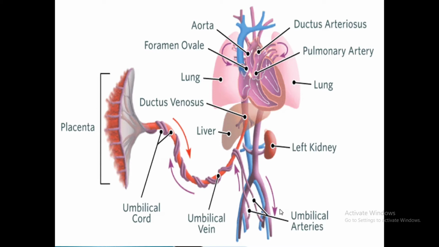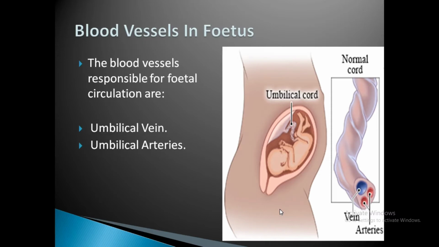Basically, the fetus gets the nutrition and oxygen from the placenta through the umbilical cord, and the waste products are transported from the fetus to the mother's circulation, to be eliminated later on, and this is all the fetal circulation.